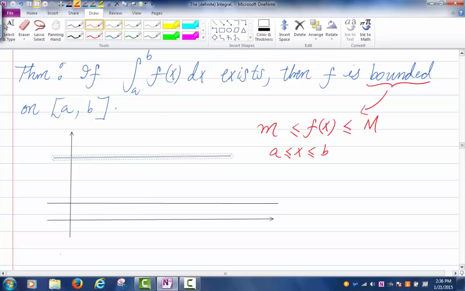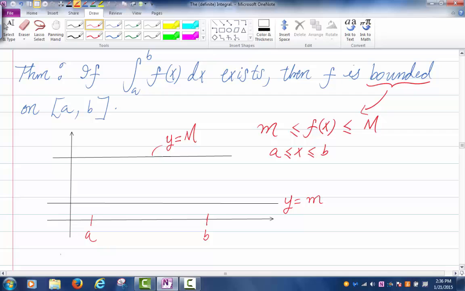So let's say this line is y equals capital M. This is the line y equals lowercase m. Let's say here is A and here is B. What can I say about the graph of f?